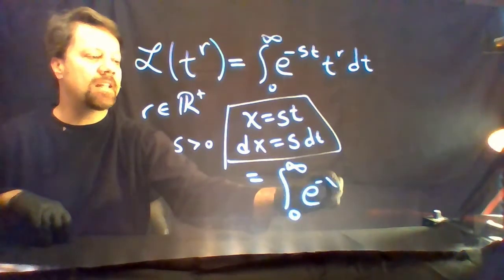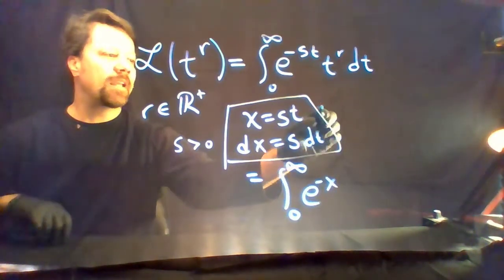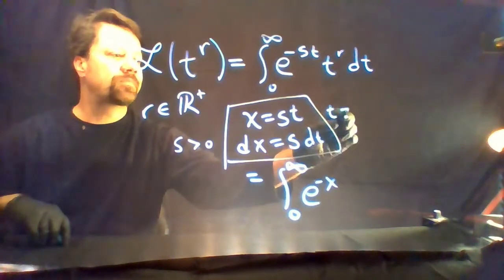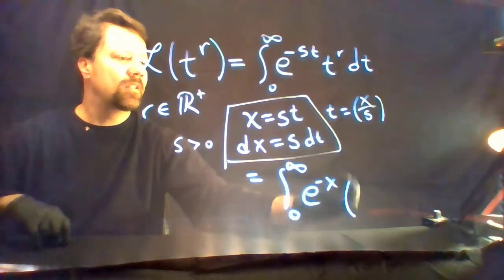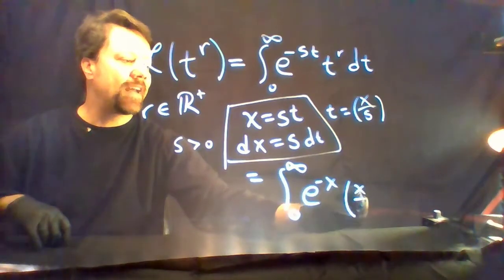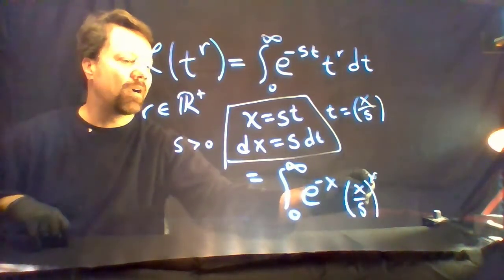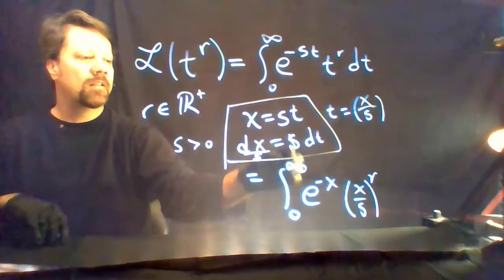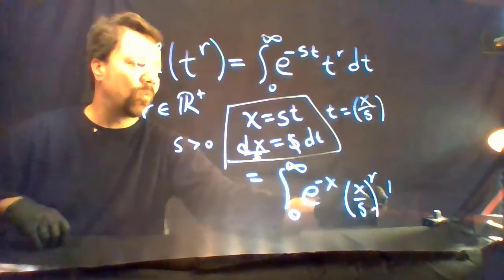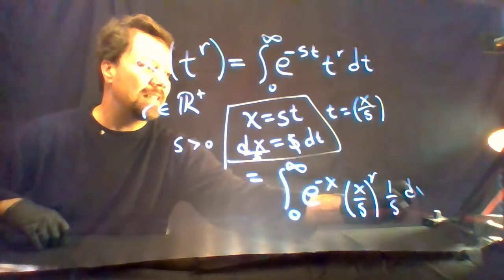You get e to the minus x, keeping in mind that t is equal to x divided by s. We get x divided by s to the power r, and what is more, dt is 1 over s dx.